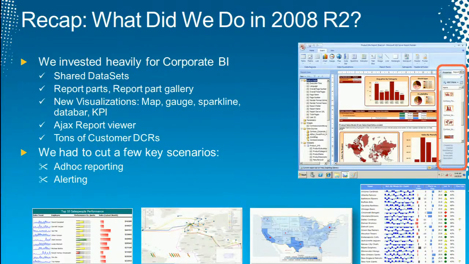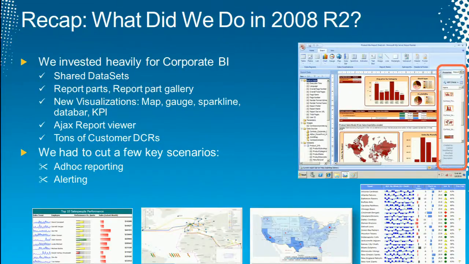So having the capability to define shared data connections and shared data sets, which are either just the statement around the query that you're trying to help them define, or even caching the data for that data set itself, or actually visualizations. You can create maps, charts, tables and matrices, and those can all be report parts.